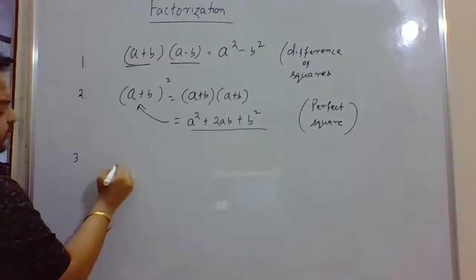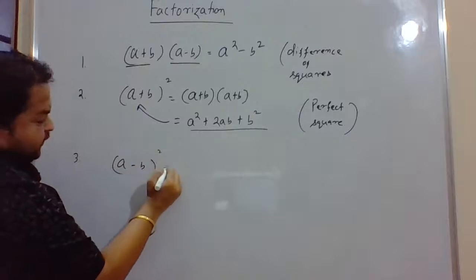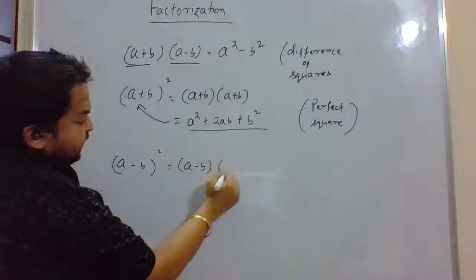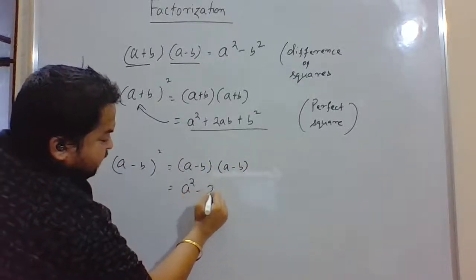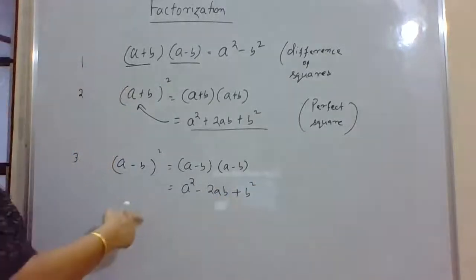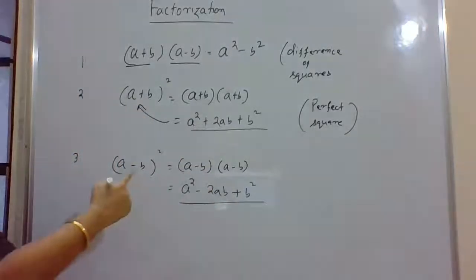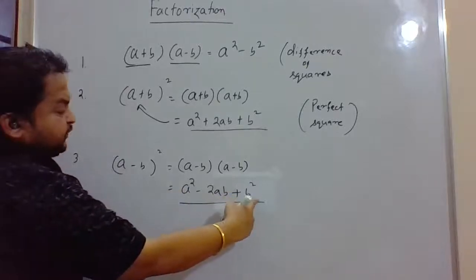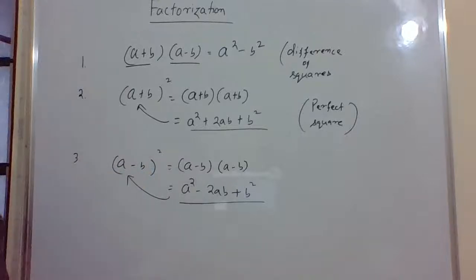Third one, similarly, we can have a minus b whole square. So that is a minus b into a minus b, and the formula is a squared minus 2ab plus b squared. So again, if my expression can be expressed in terms of a squared minus 2ab plus b squared, then I can factorize that as a minus b whole squared.